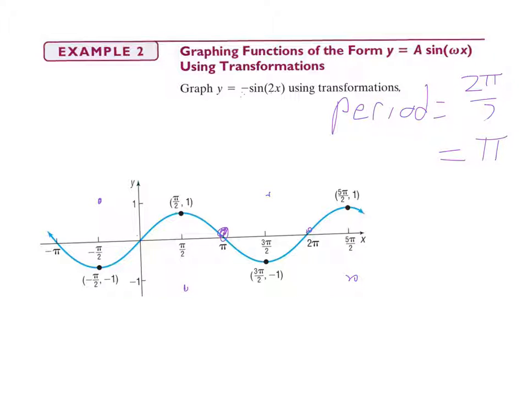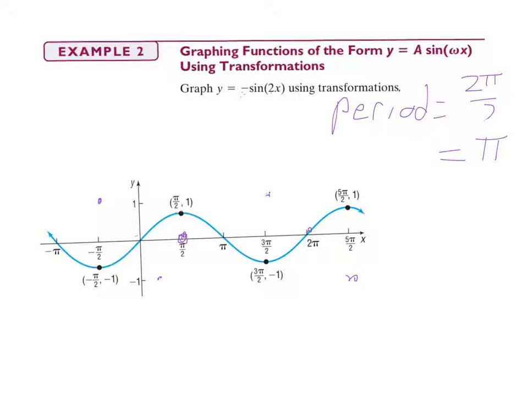This period here at pi over 2, well, the one that's down here at pi over 2 is now located here at pi over 4. This point here at pi, that 0 is now located at pi over 2 because remember, it cuts the period in half.